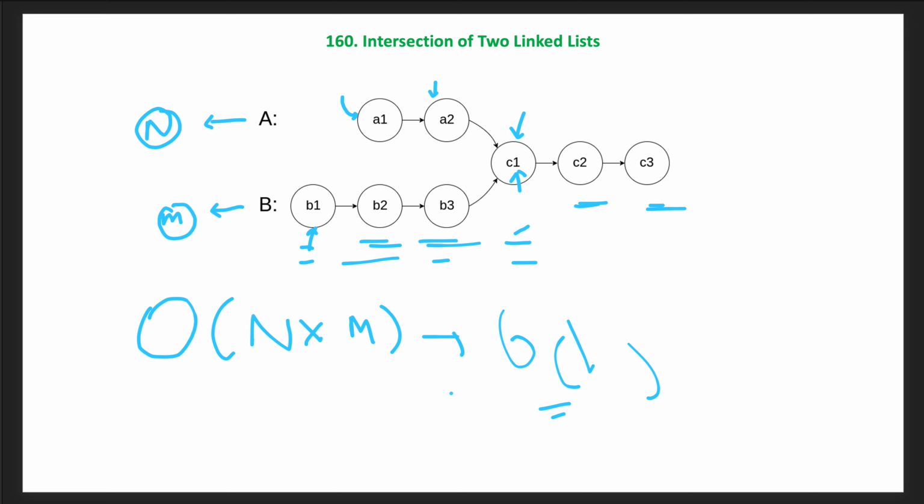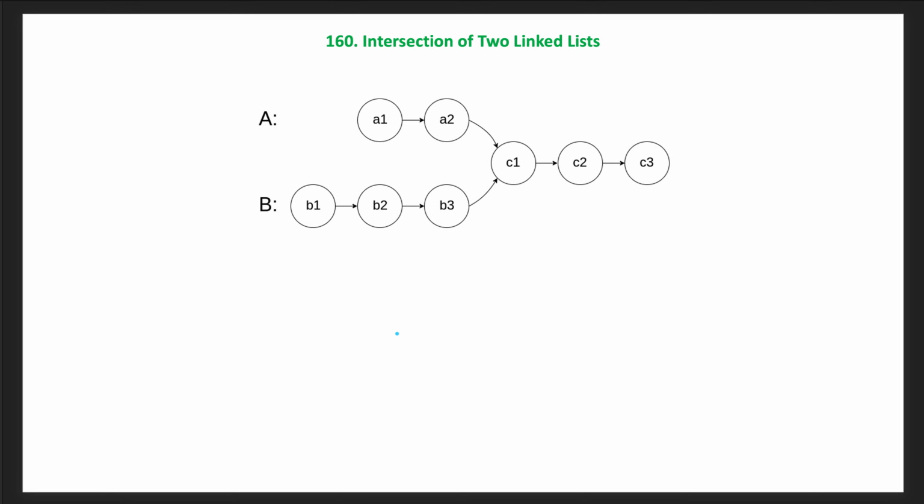So how will we optimize this solution? Another approach is to use a hashset and store all the nodes of one list, like list A. So we add all the nodes A1, A2, C1, C2 and C3. First we iterate through list A and add all the nodes in the hashset.